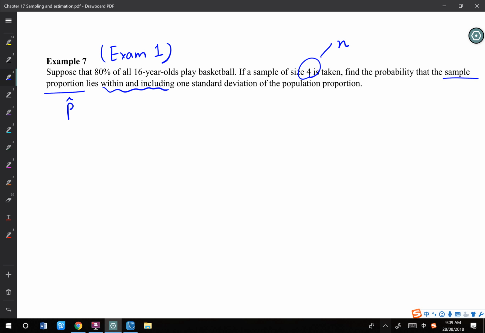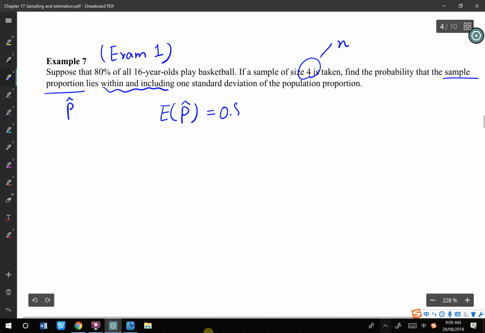First of all, because there's no calculator, I want to talk about what the expected p hat is. The expected p hat in this question is 0.8, since 0.8 of all 16-year-olds play basketball, so 0.8 is the population proportion. The SD of p hat equals the square root of 0.8 times 0.2 over 4.